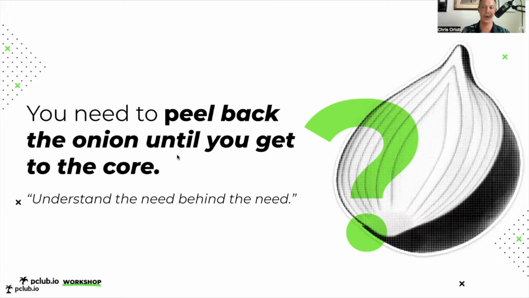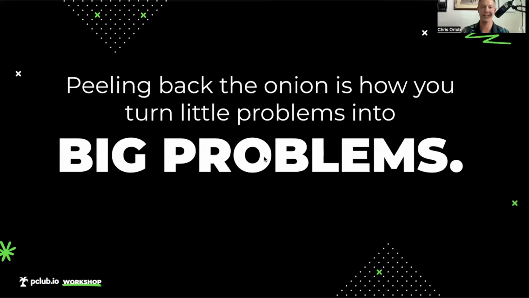It helps you get to the heart of the deal, find business pain that money follows, and get on the priority list of the decision maker that you're trying to sell to. Now, peeling back the onion like this is how you turn little problems into big problems, which get big paychecks and big deals.